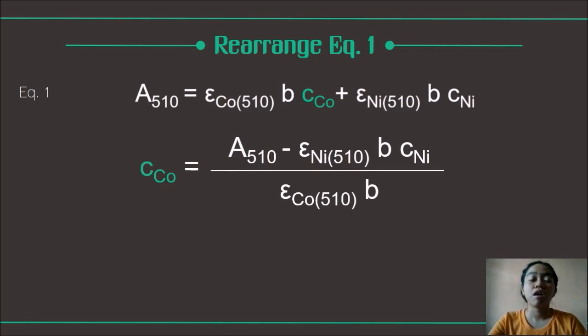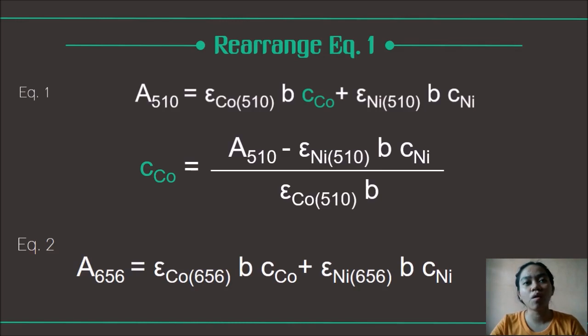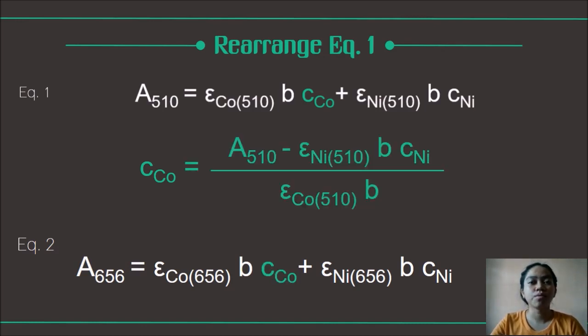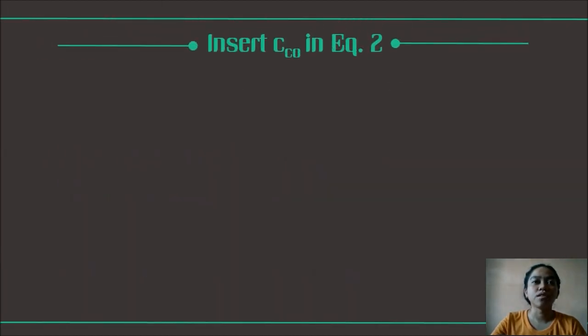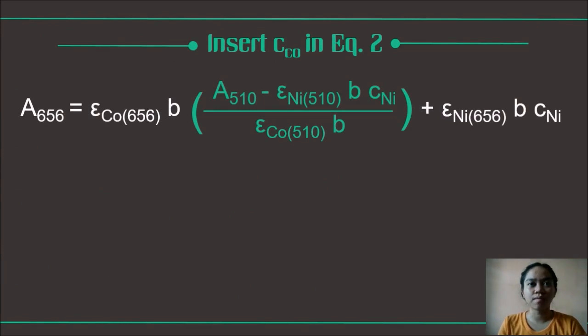This will be the new version of our equation 1. And now recall that equation number 2 also has a C_Co here. Now let's put this rearranged version of equation 1 into equation number 2. So putting that in our formula, we will now have this equation.